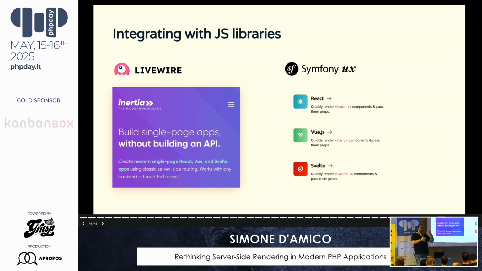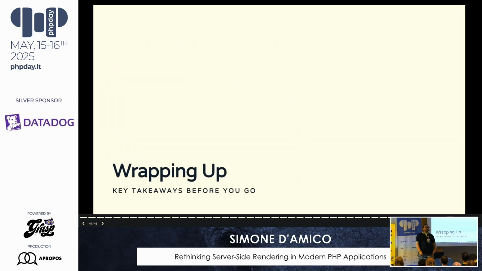So instead of delegating the routing to the frontend, like you used to do with React or any JavaScript library, you can still have all the routing on Laravel, while your application is built on your JavaScript library. And that's basically it.